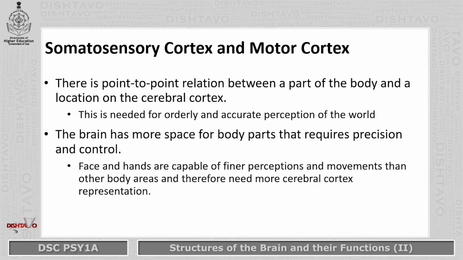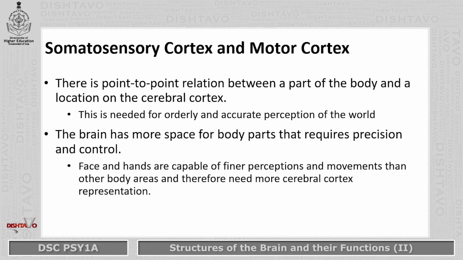There is a point-to-point relation between a part of the body and a location on the cerebral cortex. What does this mean? Well, every part of the body is linked to one area of the cerebral cortex. And this is a point-to-point relation. So a specific area of the body is linked to a specific area of the cerebral cortex.